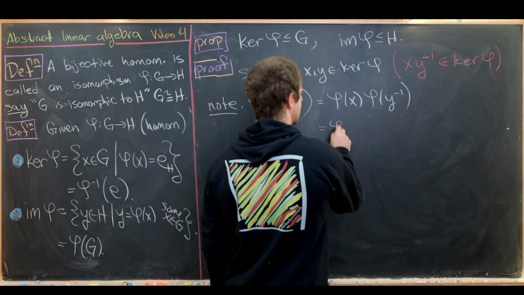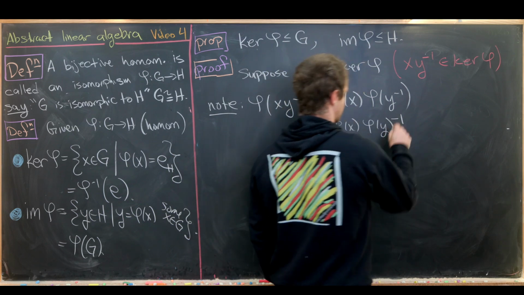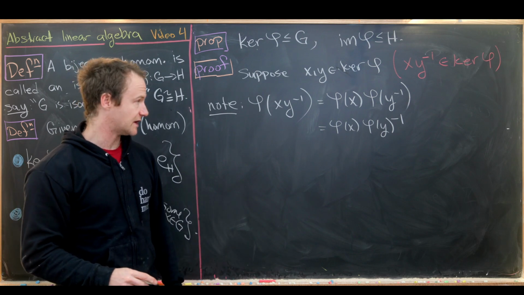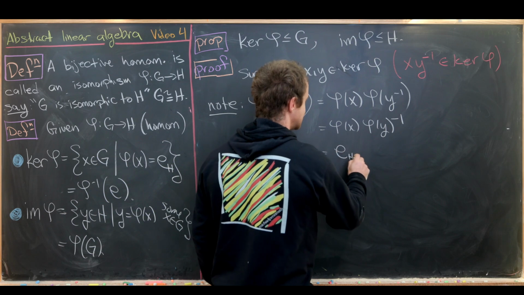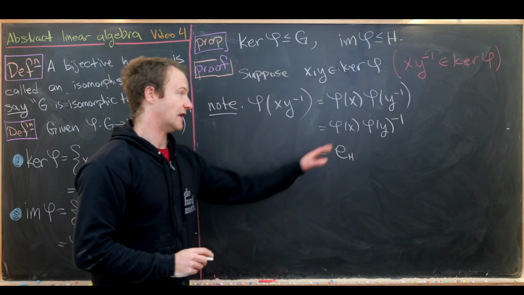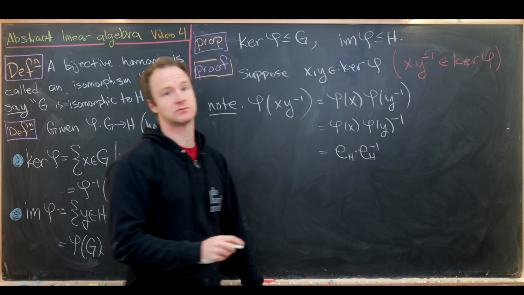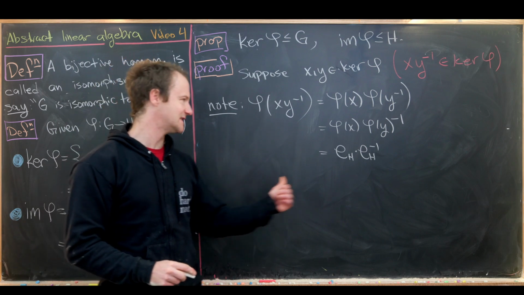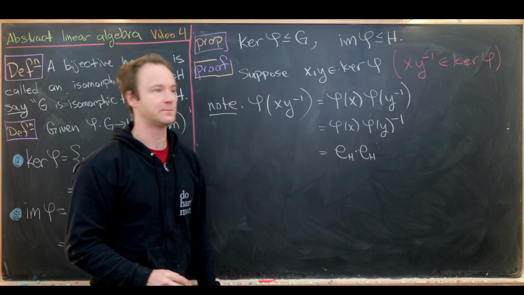But that's the same thing as phi evaluated at x times phi evaluated at y, inverse. That's by something that we proved a little bit earlier in the video. But then phi of x is equal to the identity on H, and phi of y is also the identity on H. But we've got an inverse attached to that. But the identity is its own inverse, so we in fact do not need that right there.